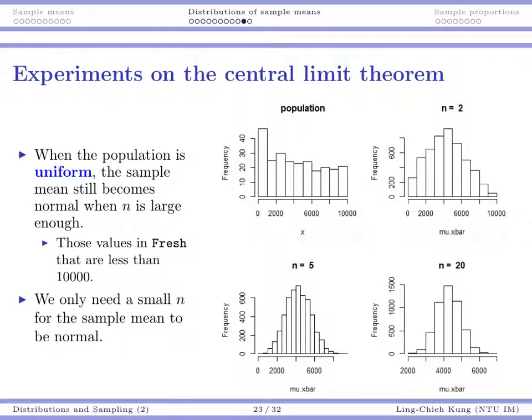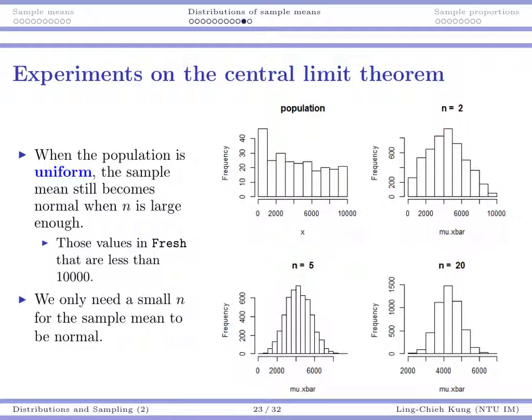When your population is not so skewed, for example, when it is uniform, the sample mean would still get to normal when n is large enough. For example, we may consider the values in the fresh sector that are less than 10,000. Then the population would be like this. It's basically very close to a uniform distribution. In that case, when your n is 2, it looks like a triangle.